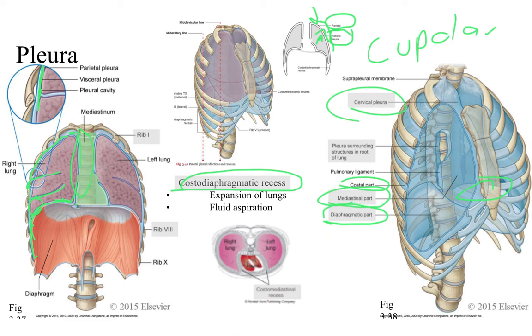Now going back to the costodiaphragmatic recess, which again is this space right here, and notice that you can see it right here as well. Lungs would be about 1, 2, 3, 4, 5, 6, 7, would end right about here. All right, so after rib 7 and the 7th intercostal space, that is where you'll have your costodiaphragmatic recess.